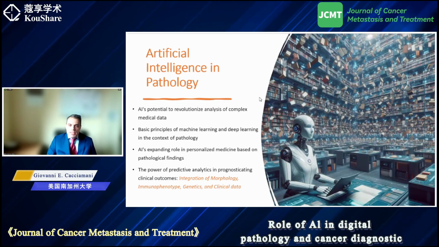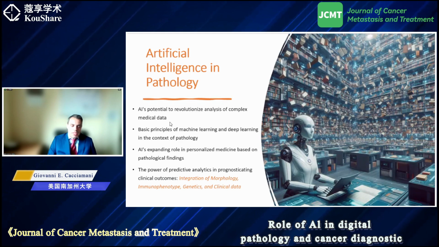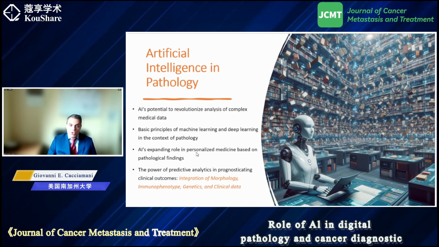But as I said, it's not just a matter of having a digital image, but here is the integration with artificial intelligence, and particularly artificial intelligence, machine learning and deep learning in pathology, which can be used to train the machine to recognize specific images in our setting and later on to integrate them with other data.